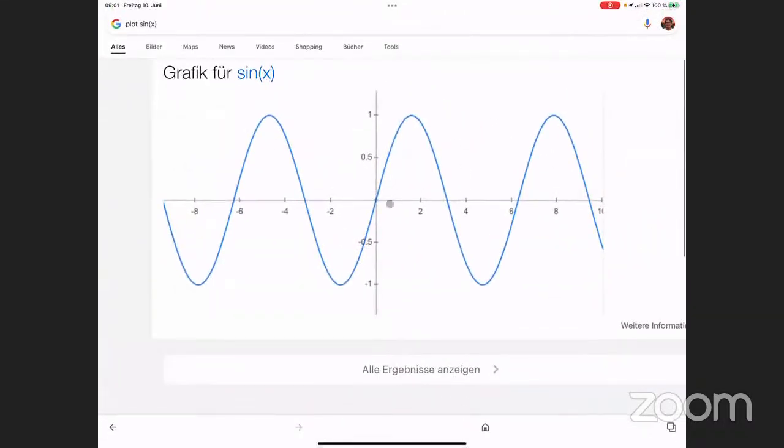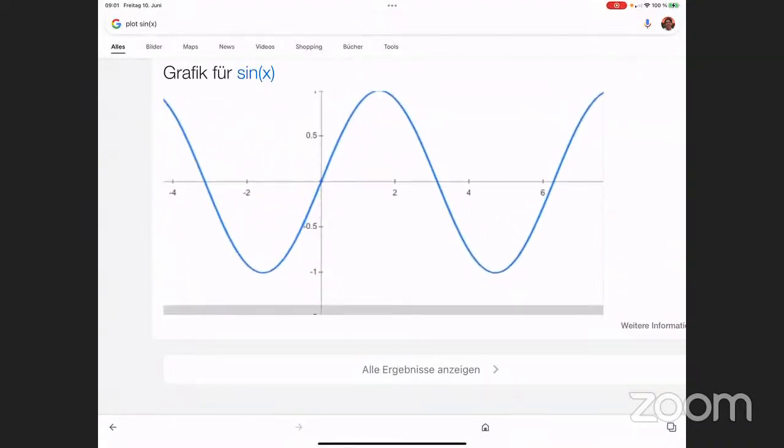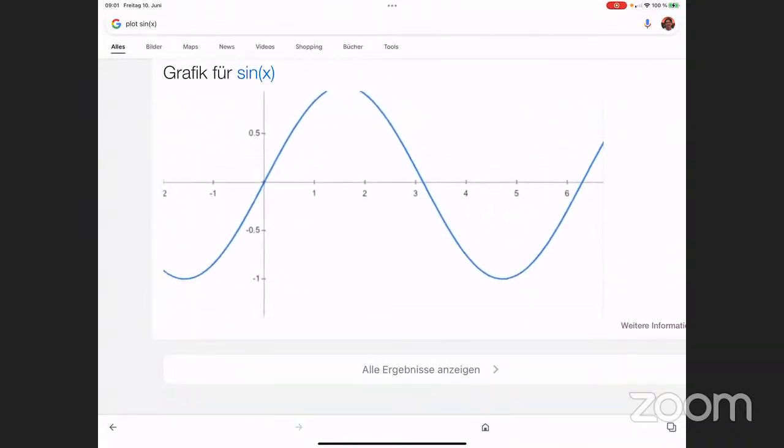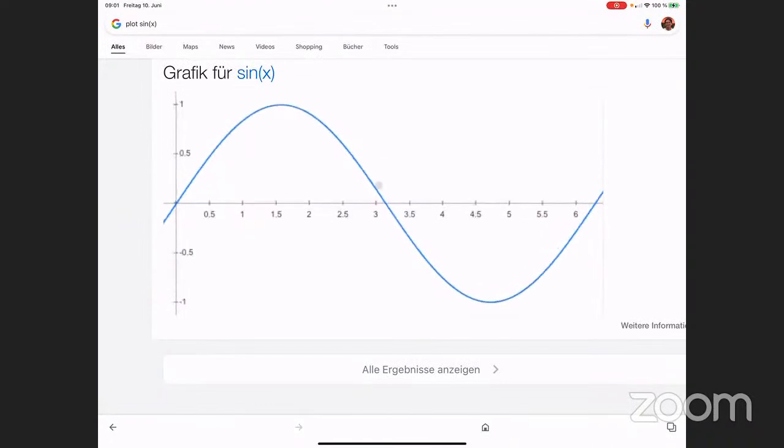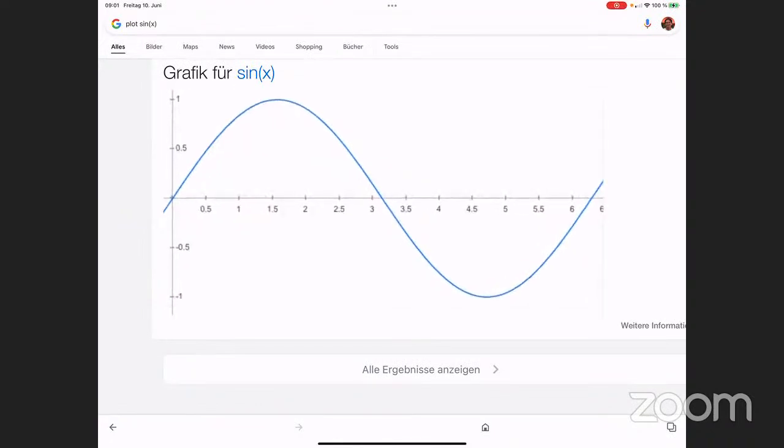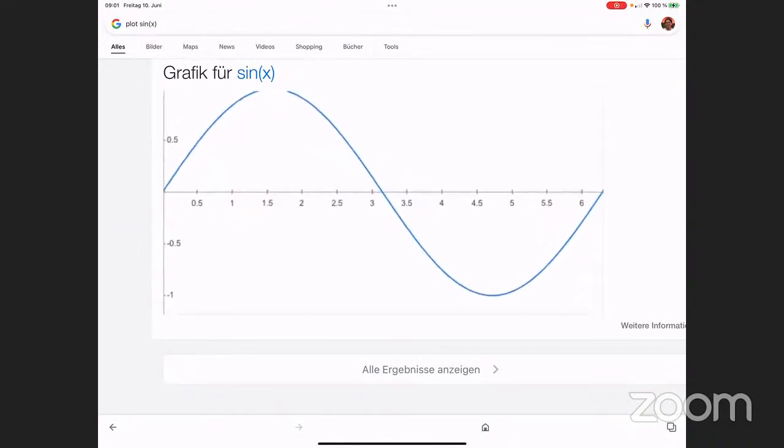Okay, sine starts from 0 to 2 pi, that's the whole wavelength, the whole cycle. What you can see is that if you take a look at only this portion, 0 to 2 pi like this, okay.